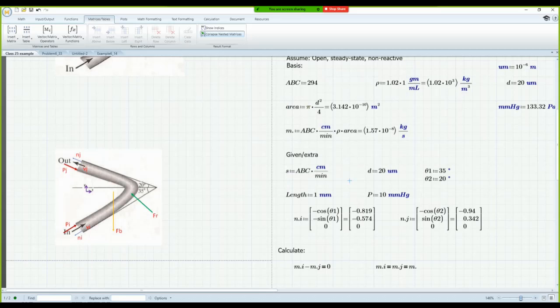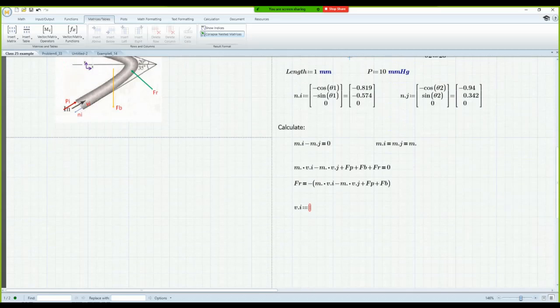The velocity is the speed times, and you'll notice that the vector V I is going in the opposite direction compared to the unit vector n I. So it's the speed times the negative of n I. Taking the negative n I turns it around, pointing the same direction as V I.